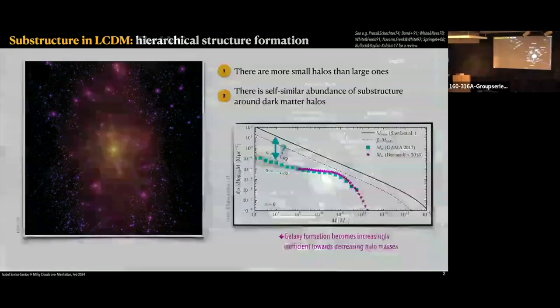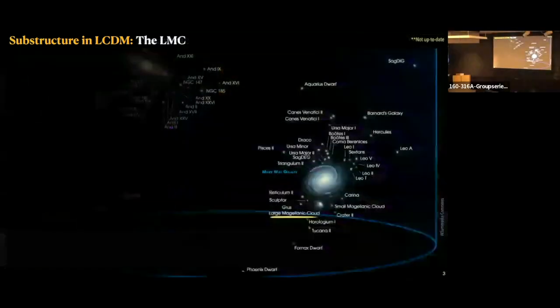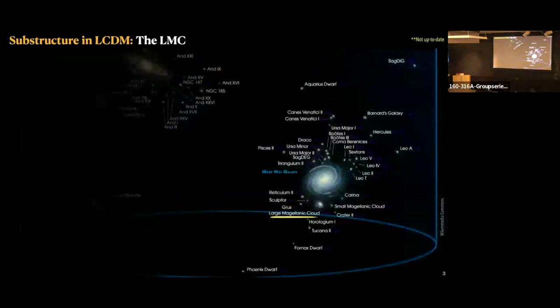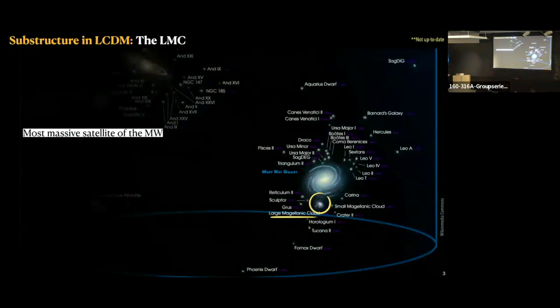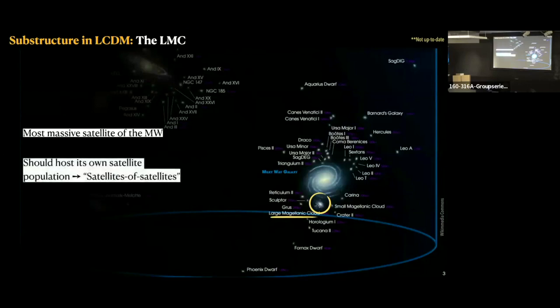So within this cosmological perspective, the LMC stands out as a very interesting object. One reason is because it's the most massive satellite of the Milky Way, and objects like this are not super common in CDM. Another reason why it's interesting is because CDM tells us that it should have its own subhalo population and its own satellites. And because it's so massive, we would expect that some of those subhalos have a luminous component to them.